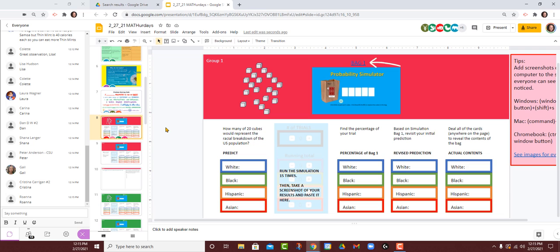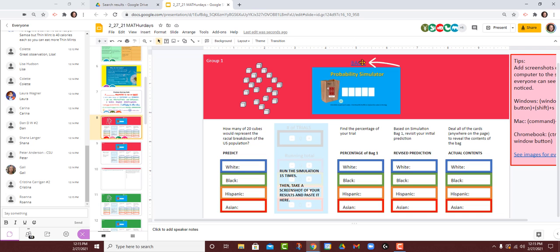And from that, we're going to predict what we think the racial breakup is of the United States. So you're thinking of these 20, you might think that there might be 10 white, 8 black, 1 Hispanic, 1 Asian. Or you might think, 8 white, 8 black, and then come up with the other Hispanic and Asian. But this prediction will sum up to 20, just what your group thinks.